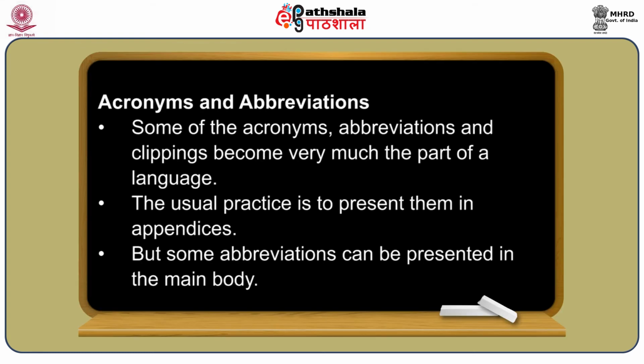Acronyms and abbreviations. Some acronyms, abbreviations, and clippings become very much a part of a language. The usual practice is to present them in appendices, but some abbreviations can be presented in the main body also. The selection of lexical units on the basis of social variations depends on the scope of the dictionary. A general dictionary may include colloquialisms, although normative dictionaries do not enter them.